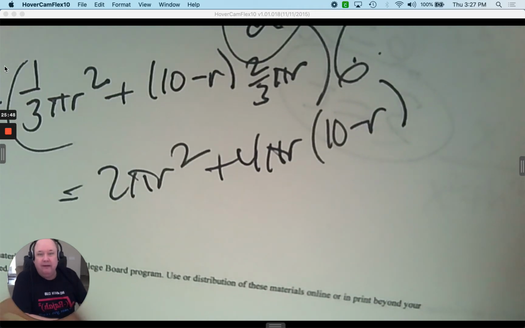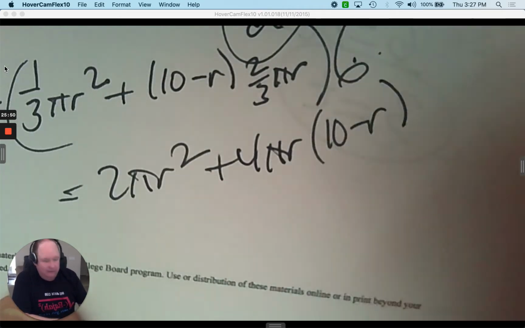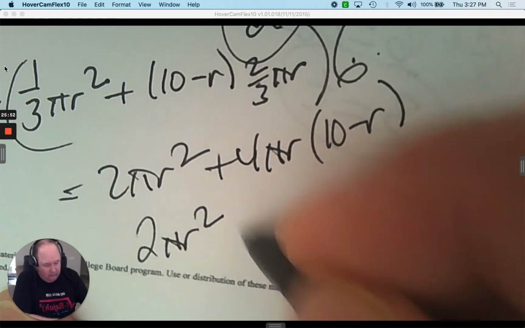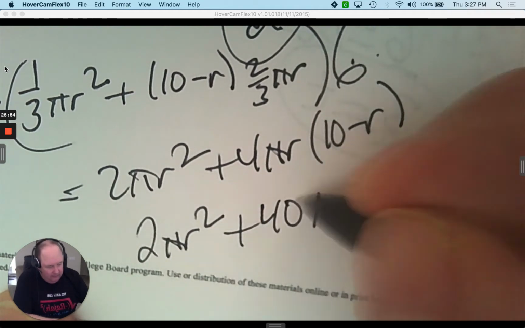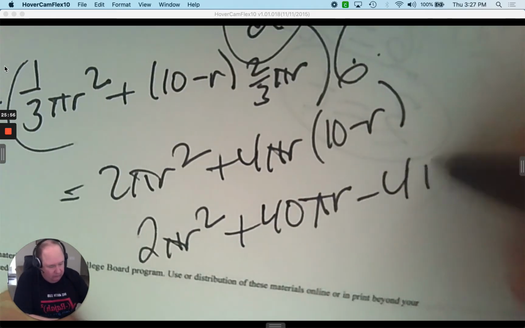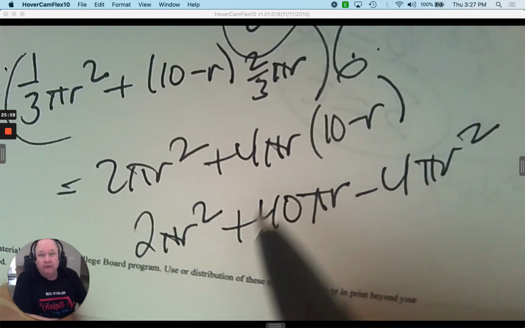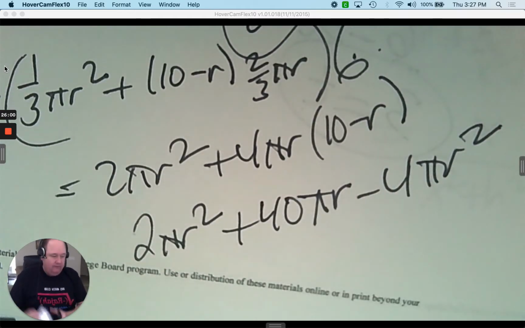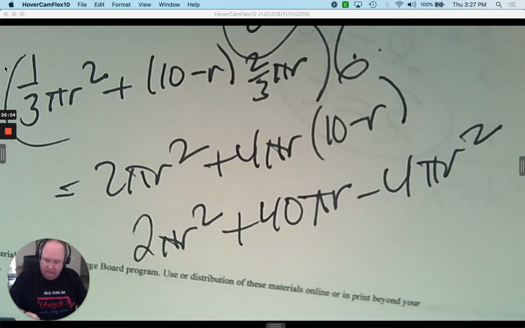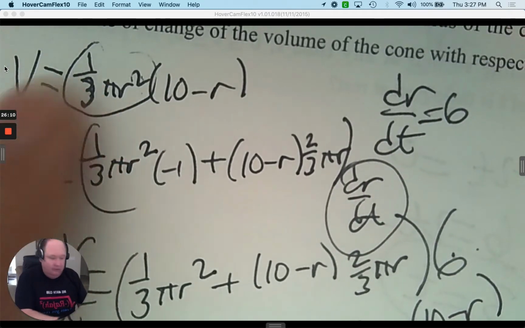And then we might need to simplify this just a little bit. So we have 2 pi r squared. We have 40 pi r minus 4 pi r squared. So we have 2 pi r squared minus 4 pi r squared. I think I lost a negative in there somewhere. I did lose a negative in there. Do you see how there's a negative in there?